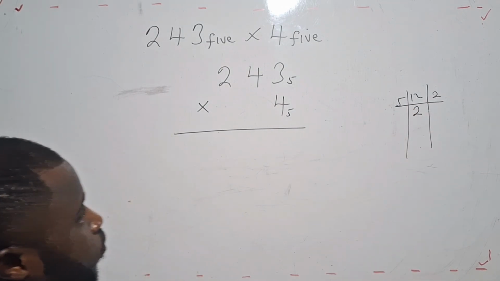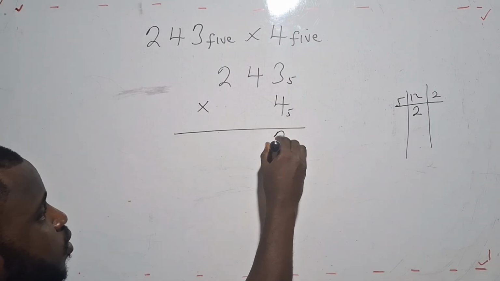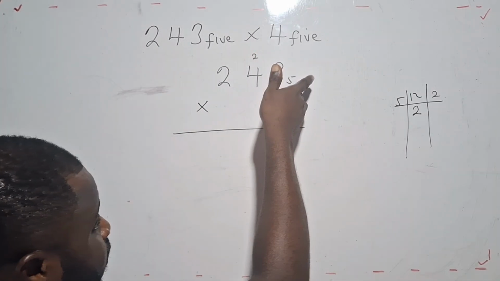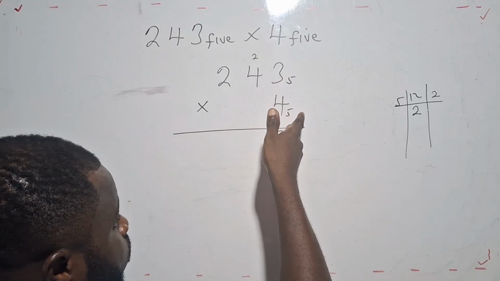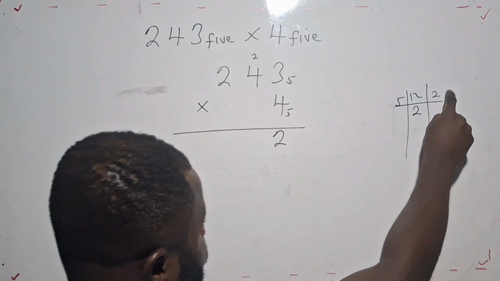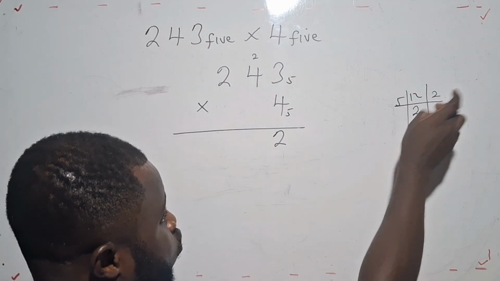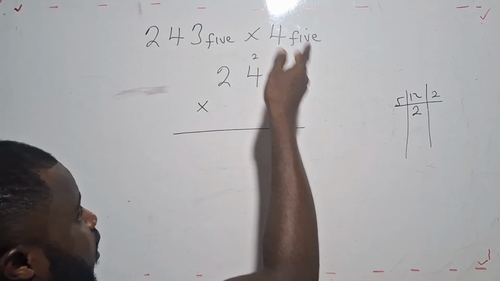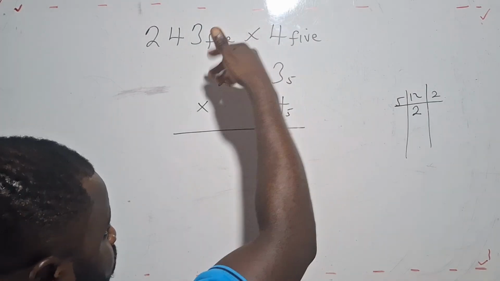Remember 2. So 4 times 3 is 12, 12 divided by 5 is 2 remainder 2. So the remainder will be written as the answer, and the other number will be carried forward.